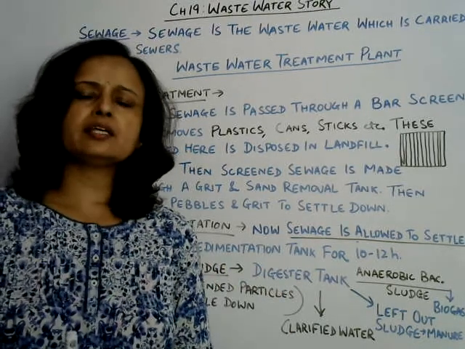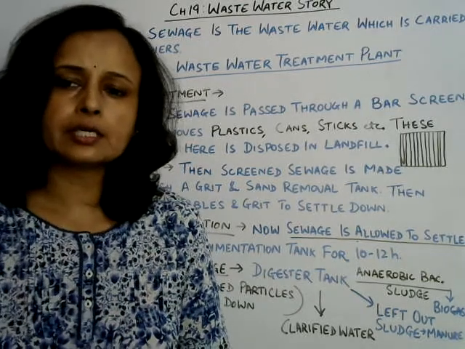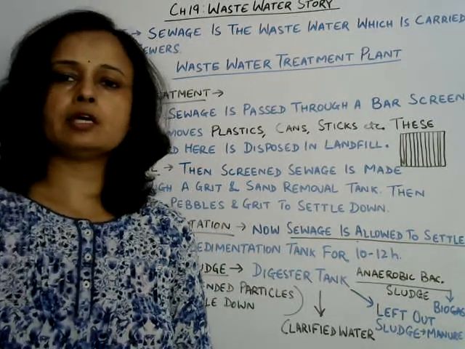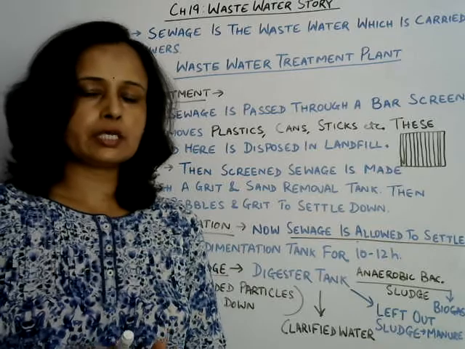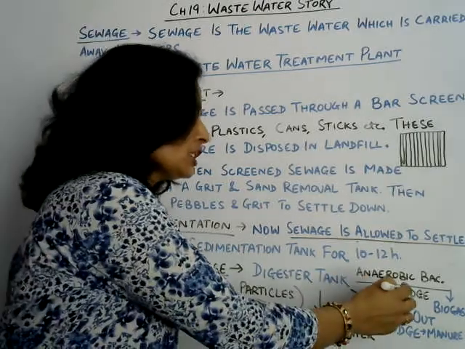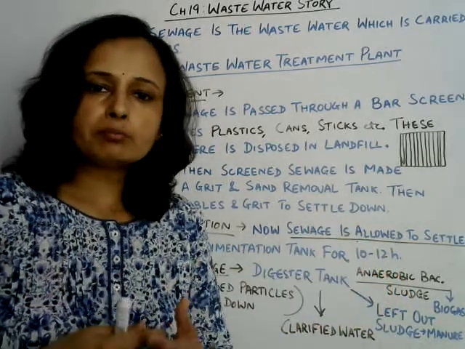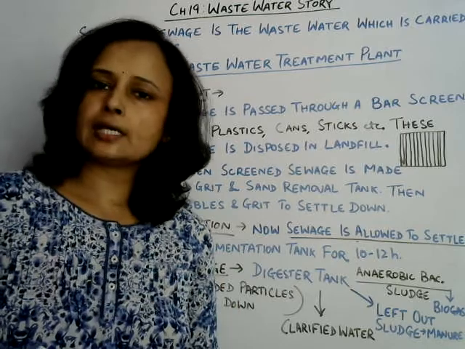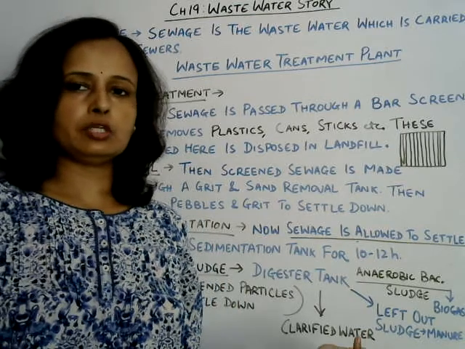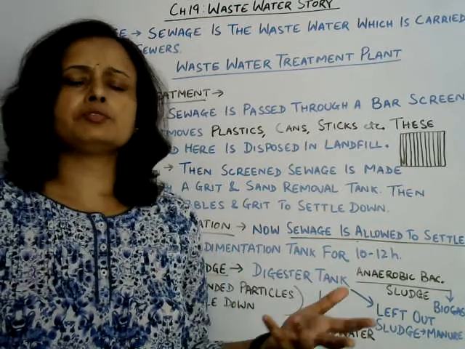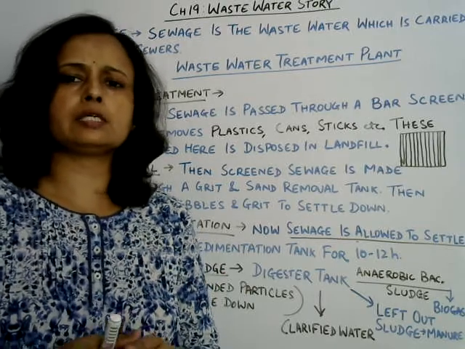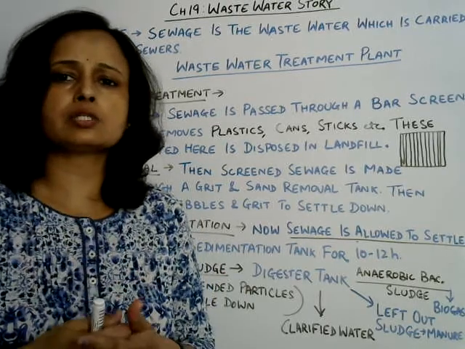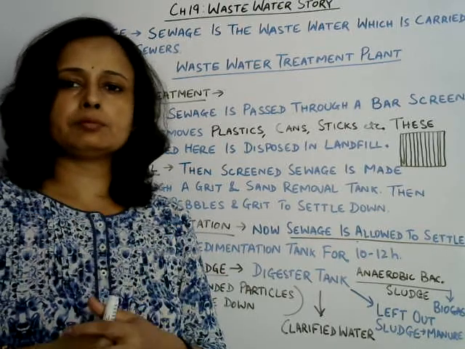Then after that there are lots of anaerobic bacteria, or obviously bacteria are found everywhere. So anaerobic bacteria are found there. They treat the sludge and decompose that sludge into biogas, and you must know what is the use of biogas. Lots of use, basically to generate electricity in the house. How? By connecting bulbs.